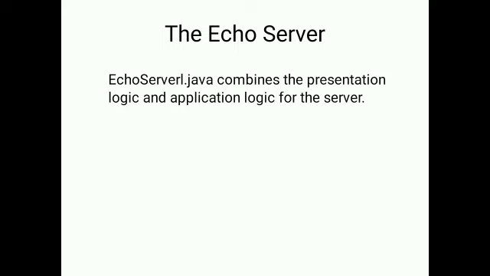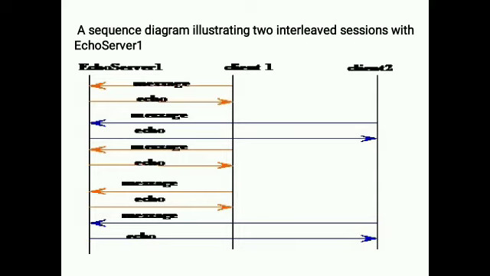Since there is no connection involved, it is possible for the server to interact with different clients in successive iterations, resulting in interleaved concurrent service sessions. So here is the sequence diagram for an interleaved session with the echo server.